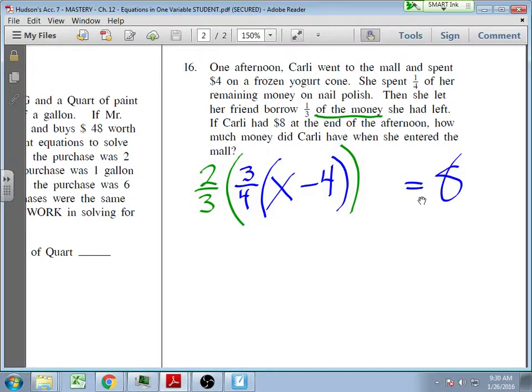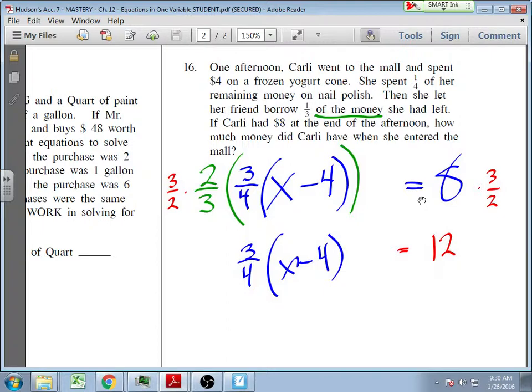And that's everything. So we can get rid of these fractions one at a time. Multiply by 3/2 and it'll disappear. So that will give me 8, 16, 24 divided by 2 is 12. I can then multiply because, well, I'll write it out so you guys can see it. Now I just have the 3/4 x minus 4.